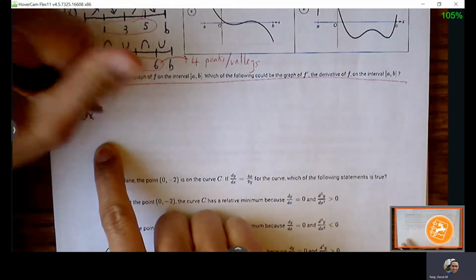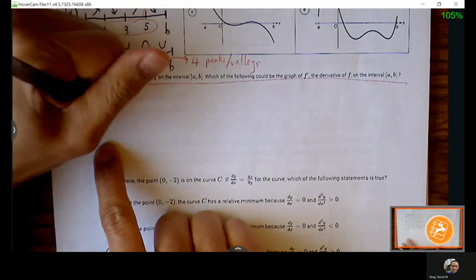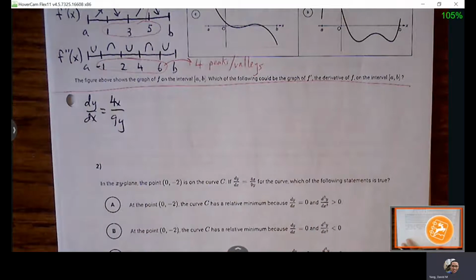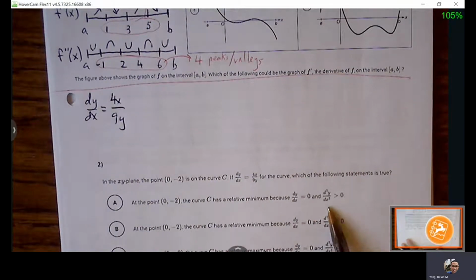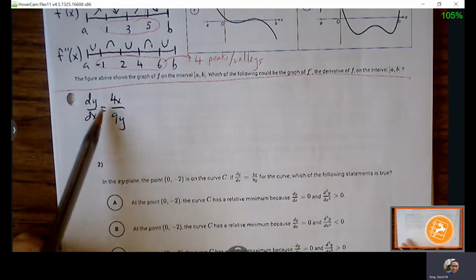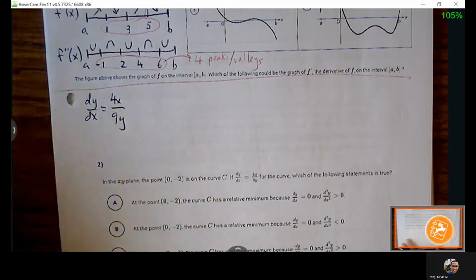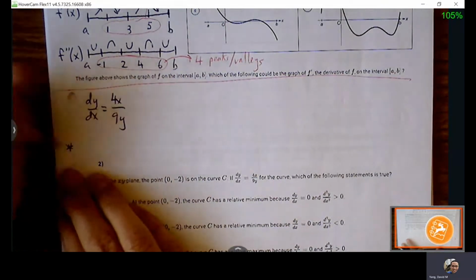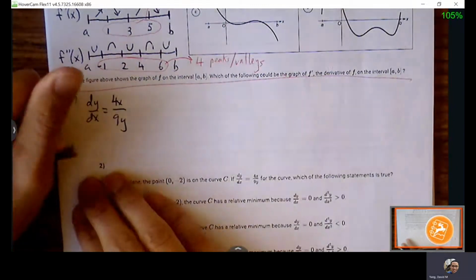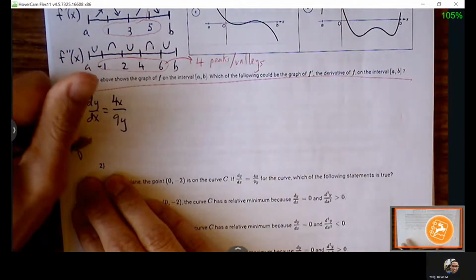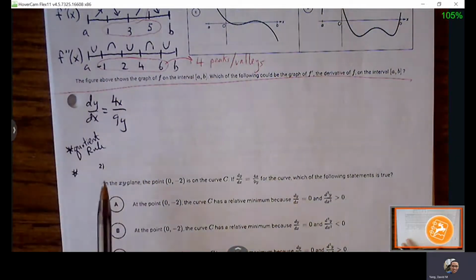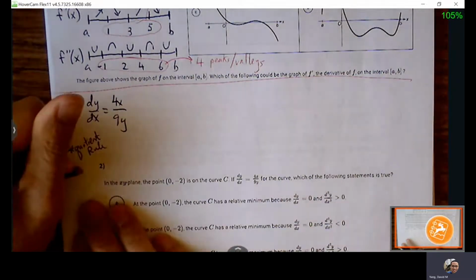So we have to find the derivative. Now, dy/dx is at the first derivative level. If I want to find the second derivative, what method is involved here? Think derivative rules here. We have to do what? Quotient rule, numerator, denominator. What else? Implicit, you have y's involved here, so implicit differentiation.